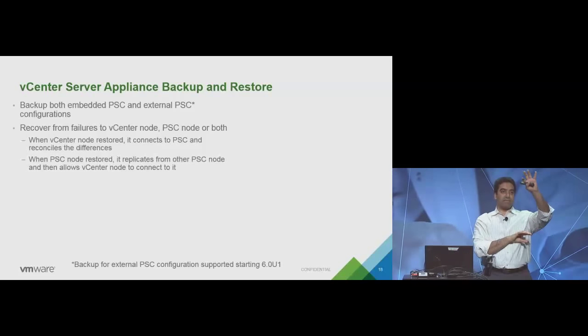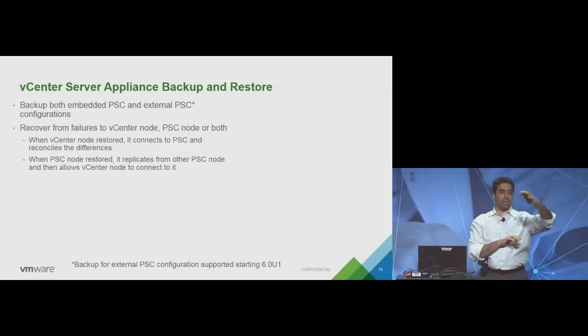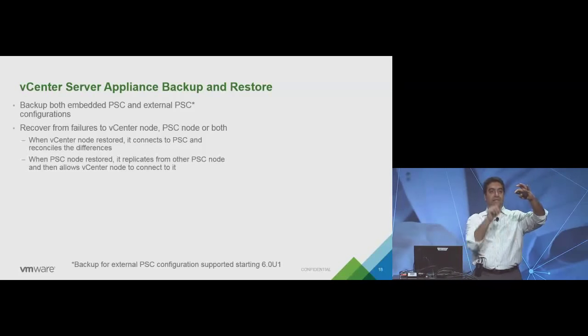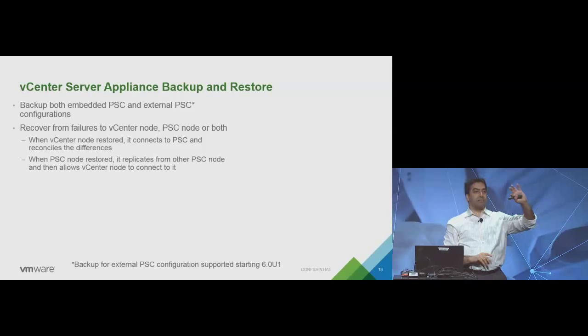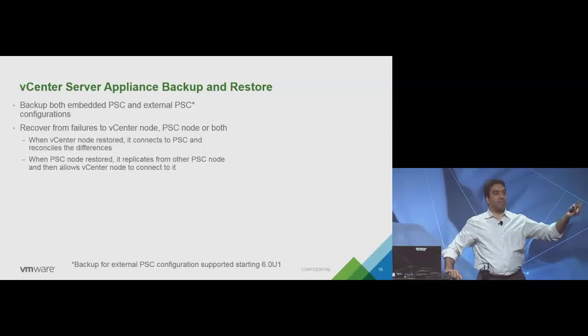So if one PSC fails, we're going to bring up another PSC from backup, restore from backup, and then it's going to replicate with another PSC and make sure its state is fine. And then it's going to allow the vCenter to connect to it. So this whole thing would work seamlessly. PSC recovers from backup, waits for it to get configured correctly, and then allows VC to connect to it. So that's the external PSC mode I was talking about.